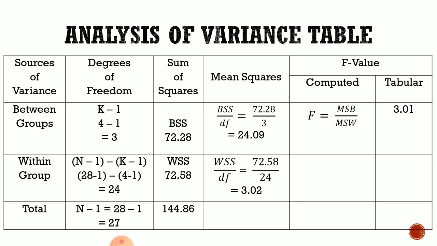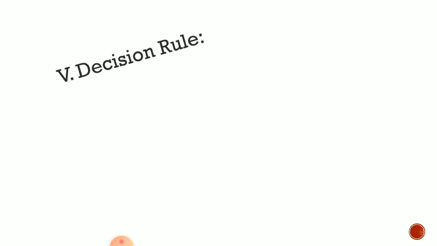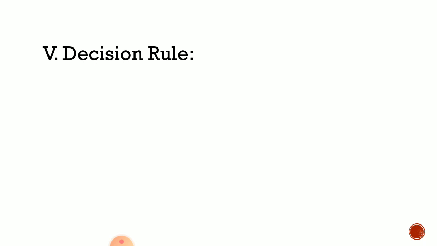Then, the last one is the F computed value. So that is F is equal to the mean squares between divided by the mean squares within. So that is 24.09 divided by 3.02, which is equal to 7.98. And for the tabular value, that is 3.01. So after completing the analysis of variance table, it's now time for us for the decision rule.